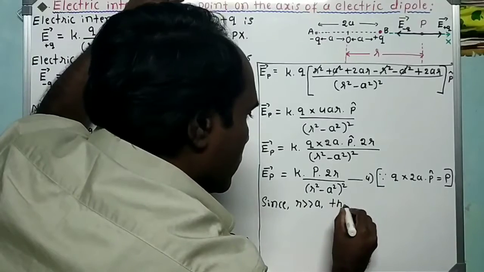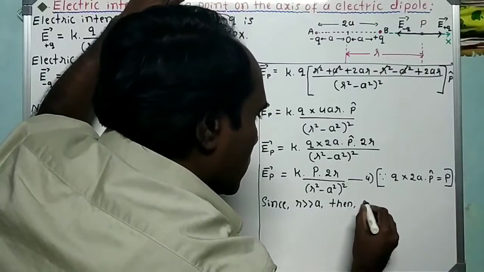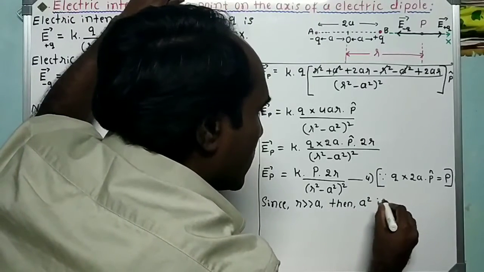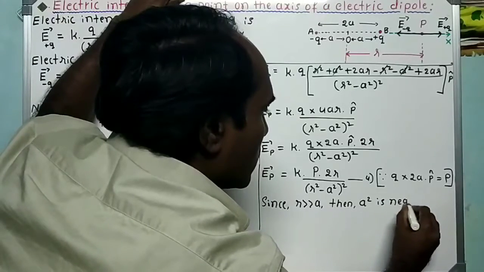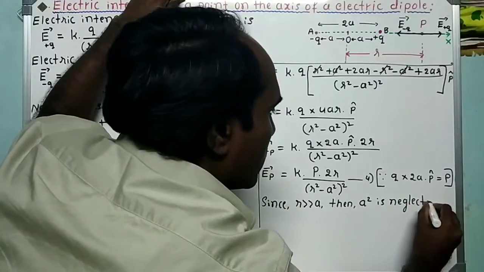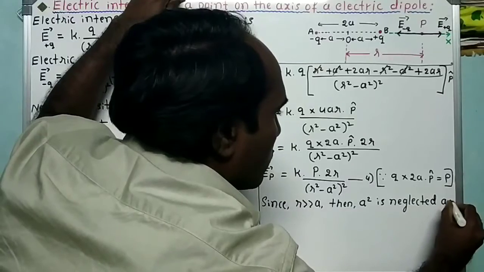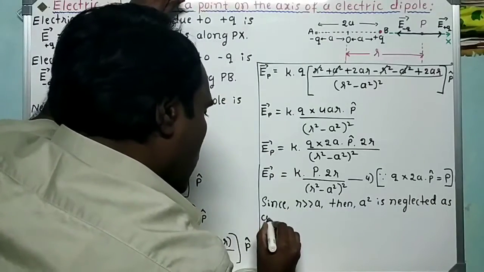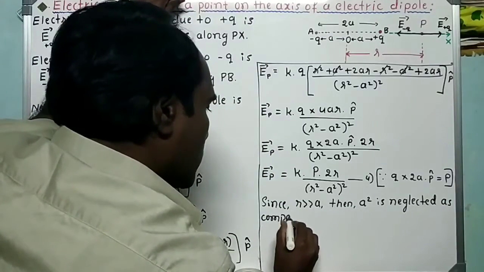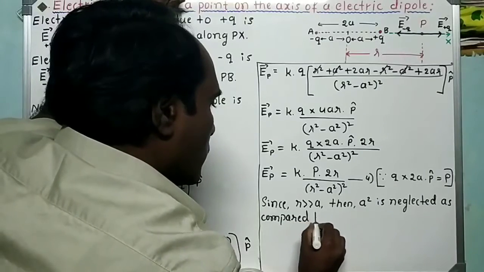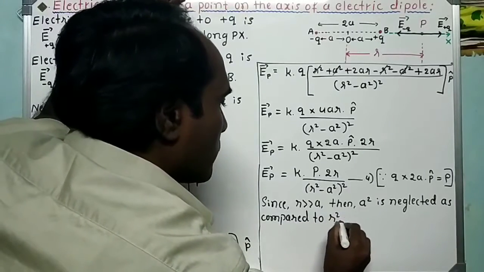Since r is greater than a, a square is neglected as compared to r square.